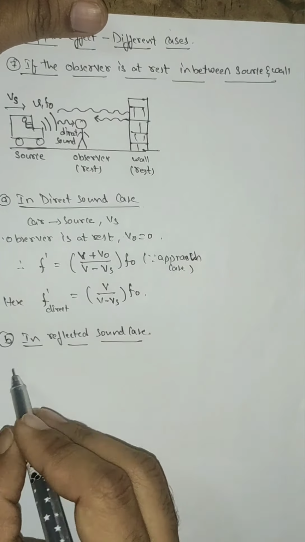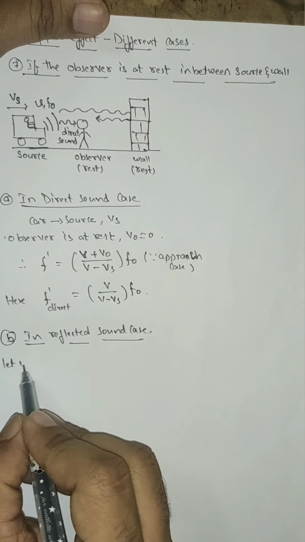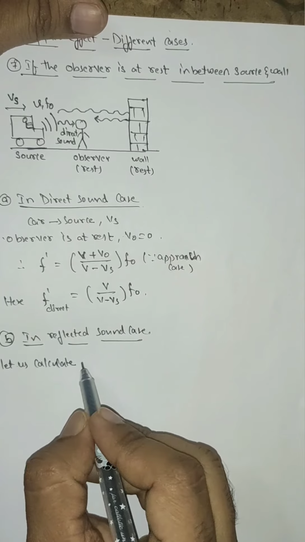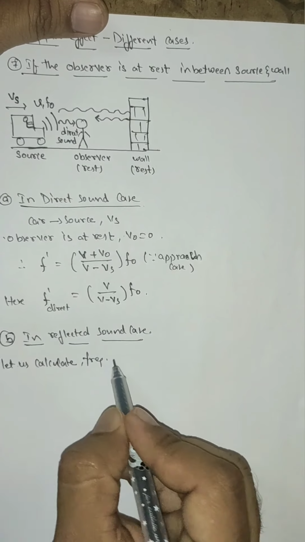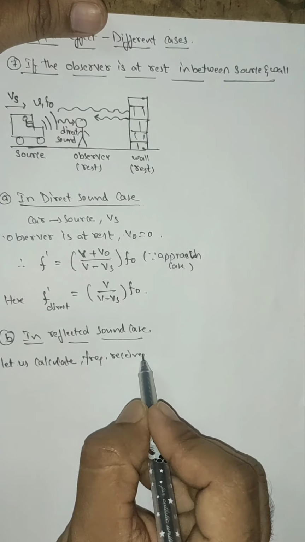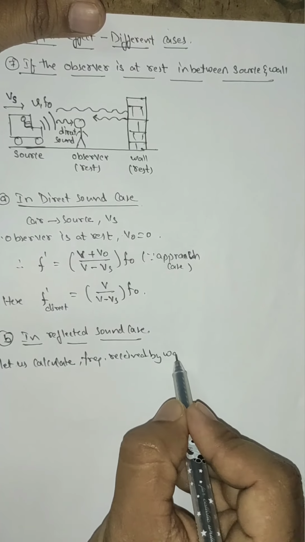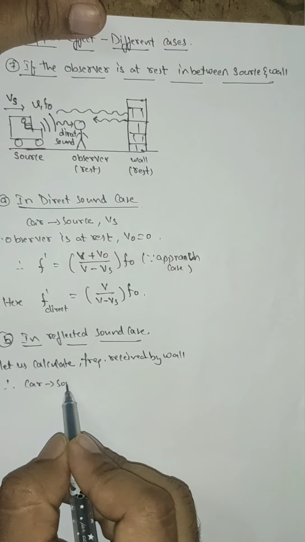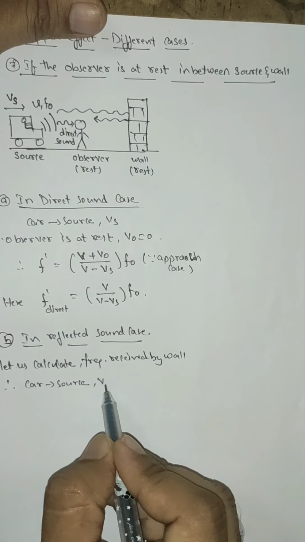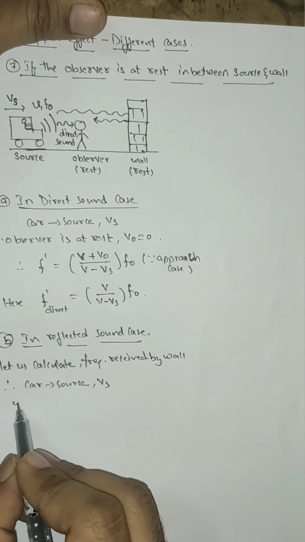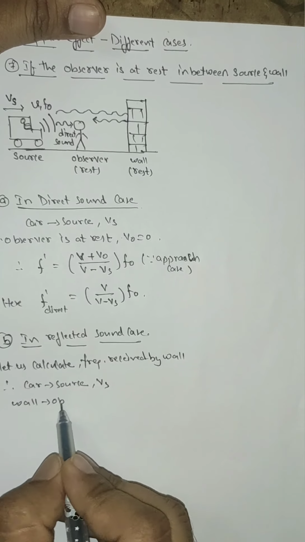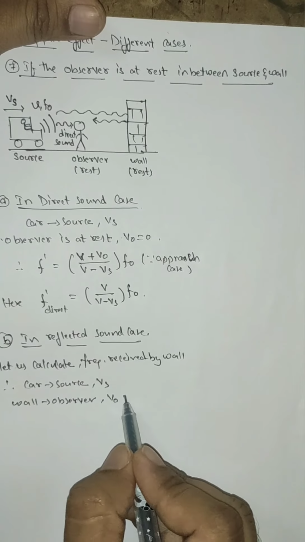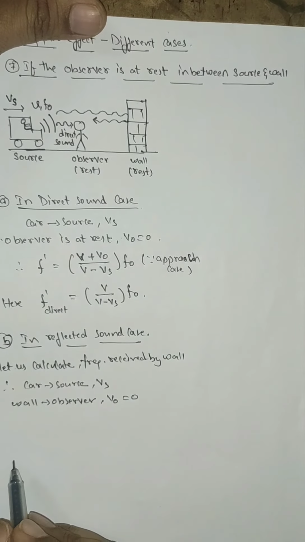So the car will be the source which is traveling with a speed of Vs, and here the wall is the observer, and V0 is equal to 0 since the wall is at rest.